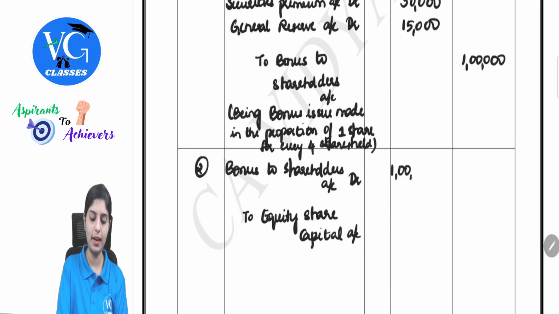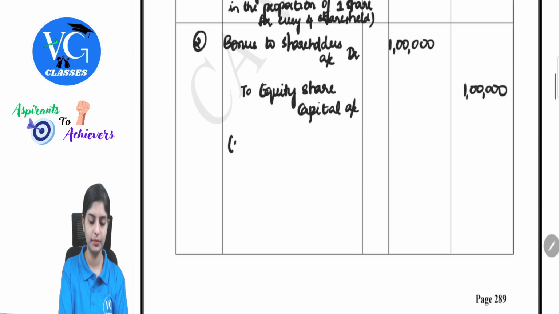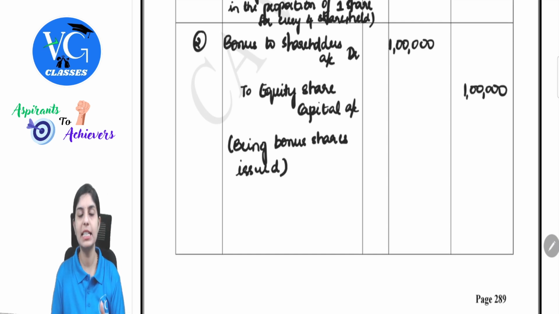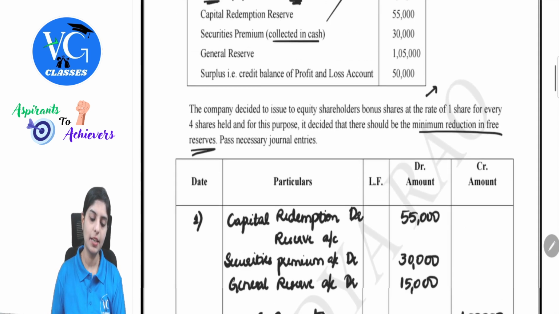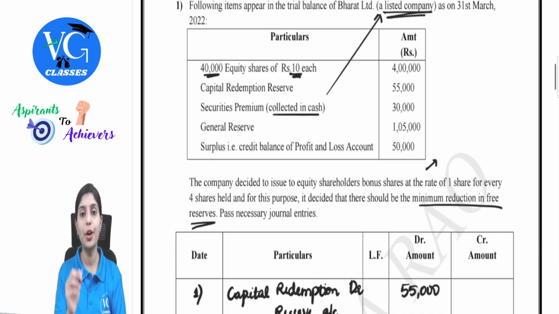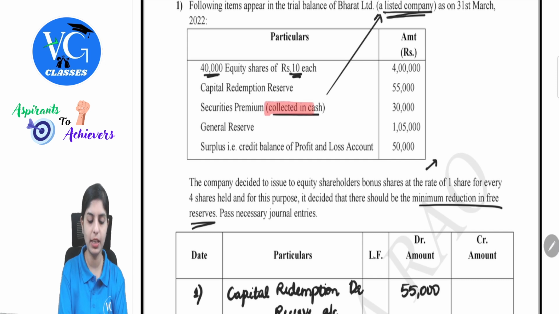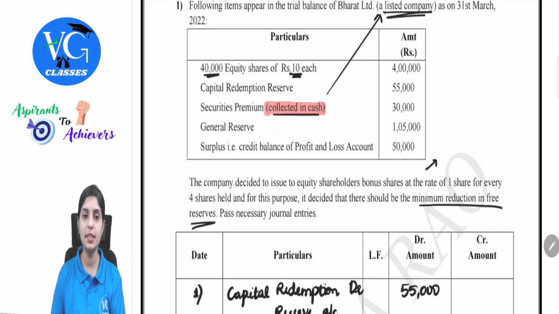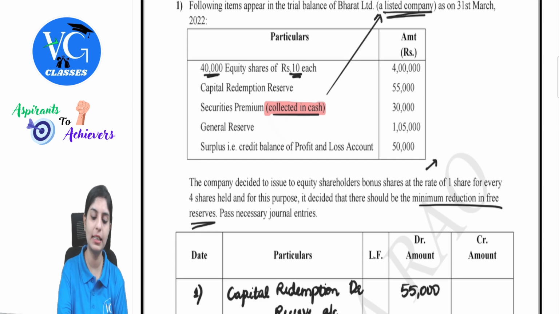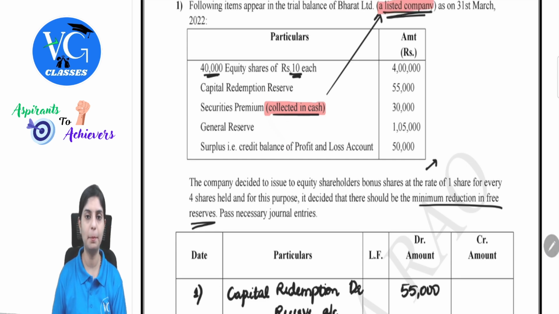This is 1 lakh and 1 lakh, being bonus shares issued. Simple, easy enough to understand. See, for example, what to focus on here is, if this was not given, that it is collected in cash, is it feasible for you to assume? If you are assuming, make sure you give a note, because the question clearly mentions this is a listed company. So these are the points to take care of.